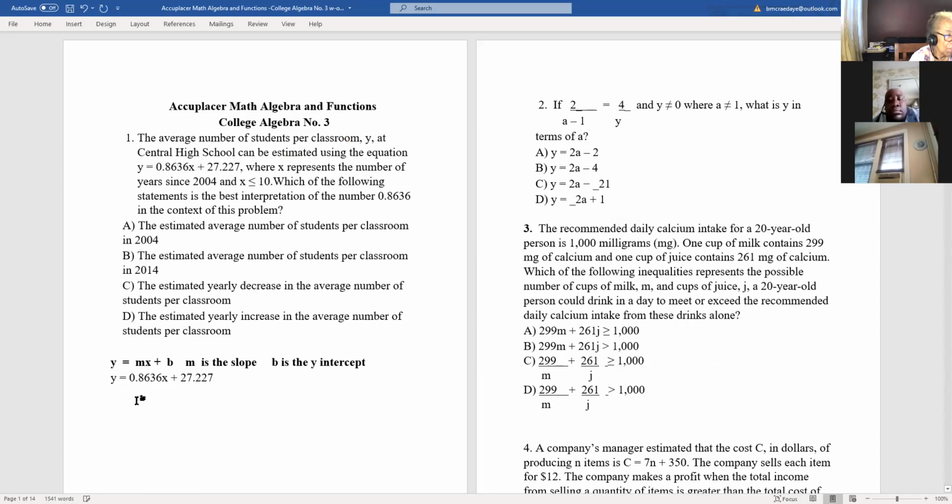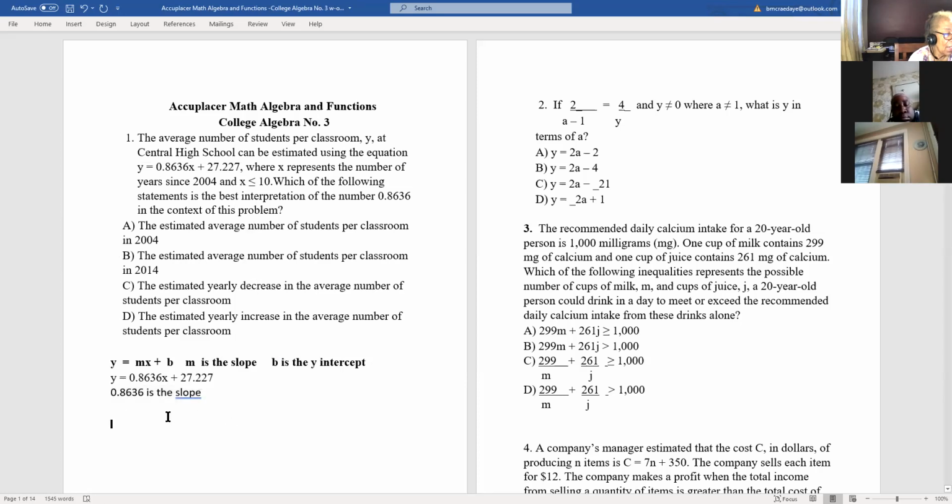So let's just put here, 0.8636 is the slope. Bigger, that's a decimal there, not a comma. Let's make that bigger so you can see it. So that's the slope.